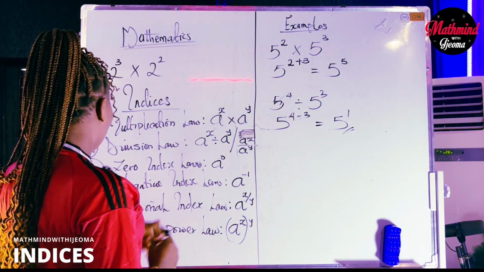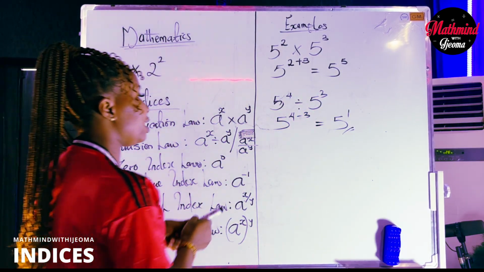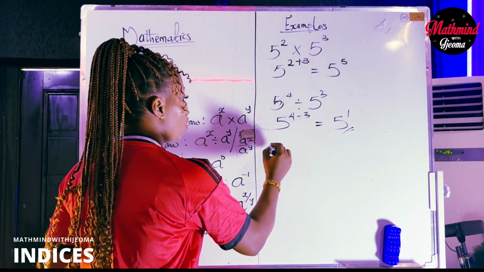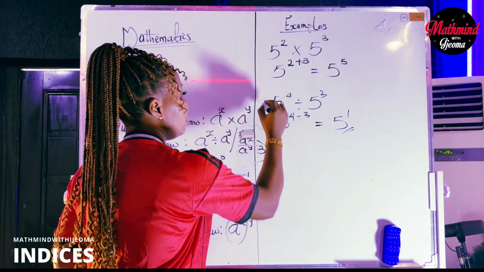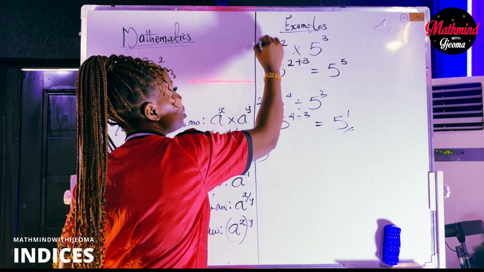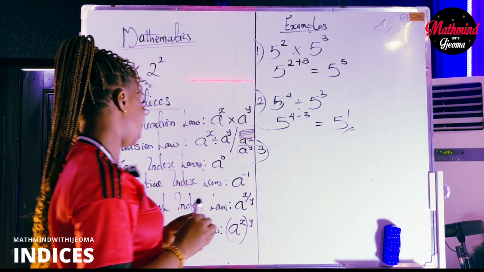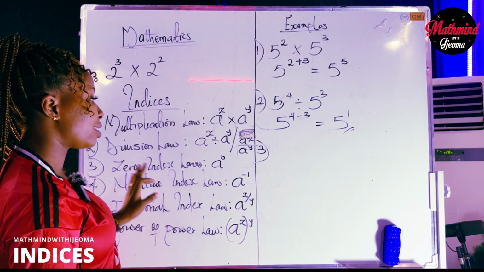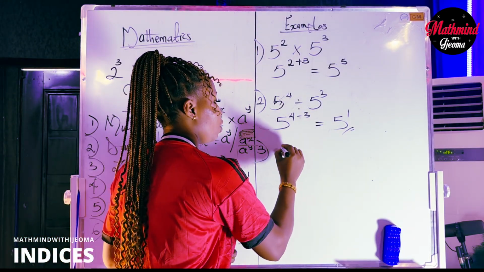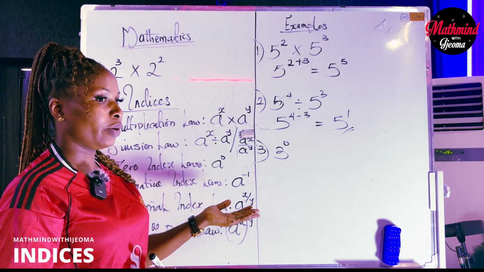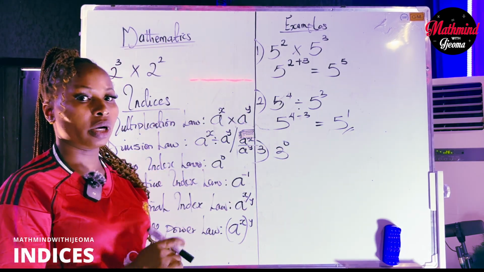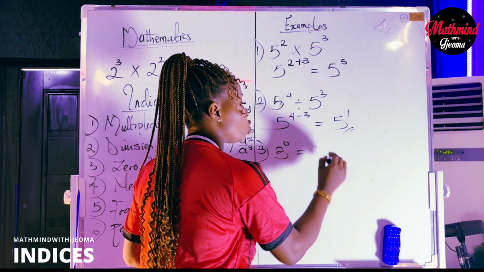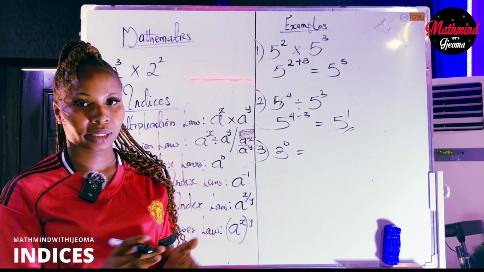Okay? Coming to the next law, zero index law. Let's number it so that we won't be mistaking anything. Zero index law. You might have 3 raised to power 0. In this situation, anything raised to power 0 is 1.